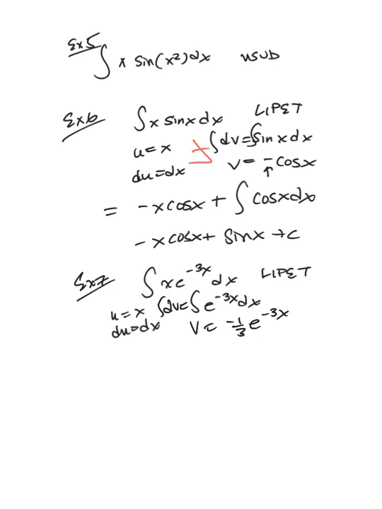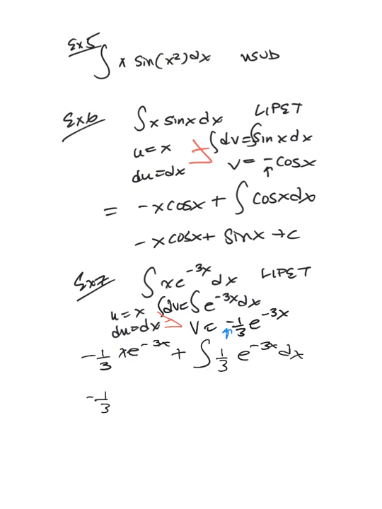Okay, so my formula, lucky number 7, is u times v, so that's negative 1/3 x e to the negative 3x minus the integral of v du. But this is negative again, so it's going to end up being plus 1/3 e to the negative 3x dx.